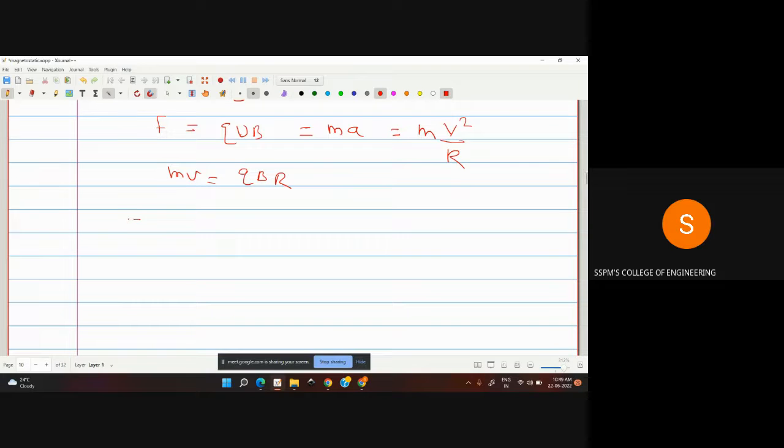Now you have to find the relation for energy. Energy, kinetic energy, is half into mv square, or half into m. What is v square? V square is q square b square r square divided by m square. So energy is 1 by 2m into q square b square into r square.